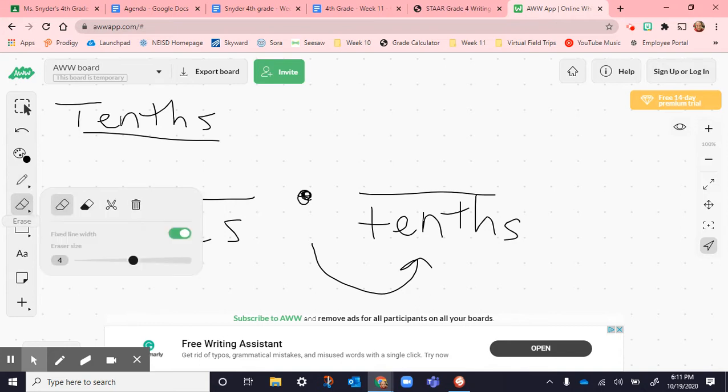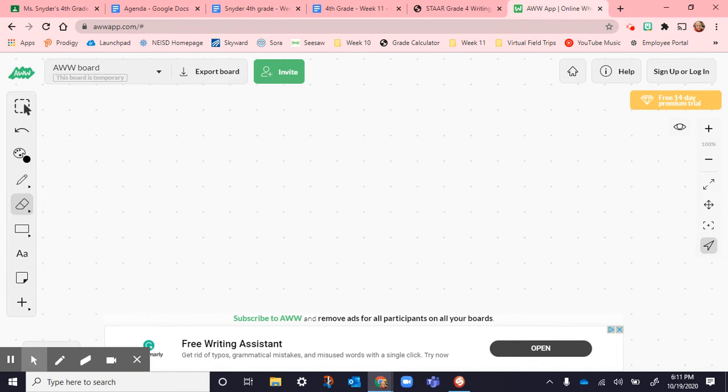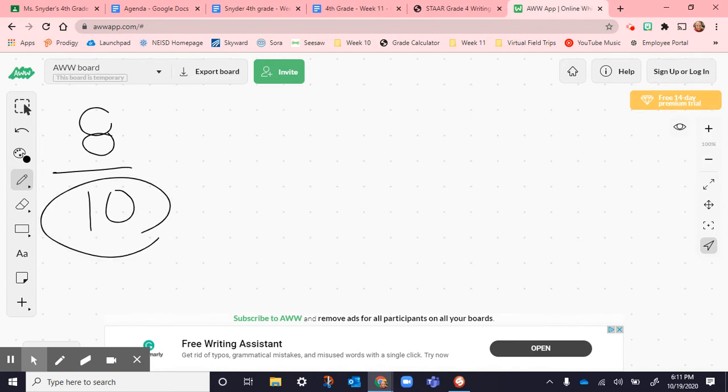So if we had, let me clear all this, the fraction 8 tenths, you can even hear it when I say it: 8 tenths. If we have our place value chart, and we're at 8/10, we're not at a whole number yet.